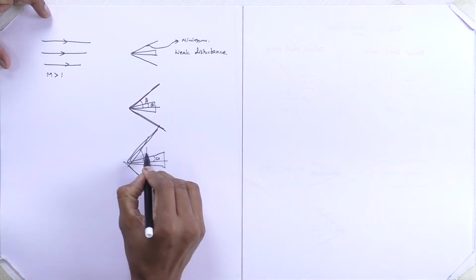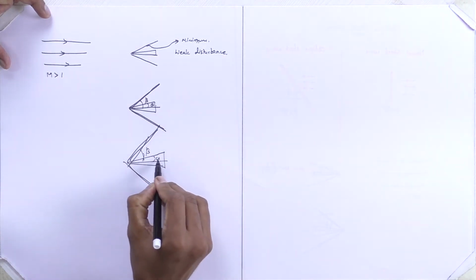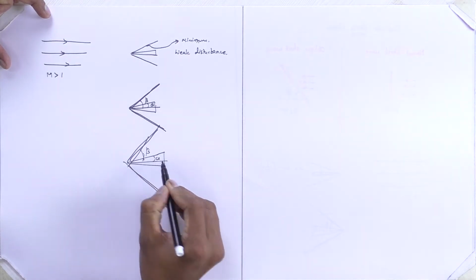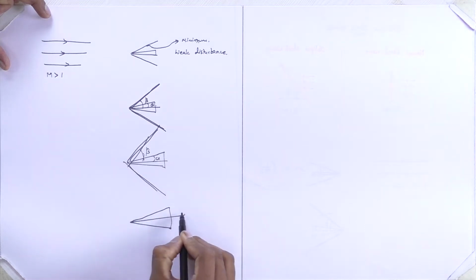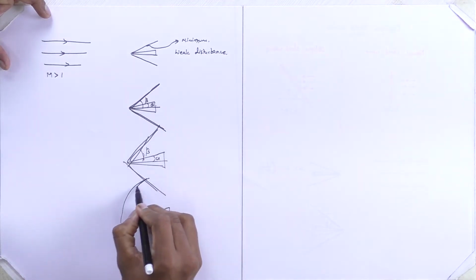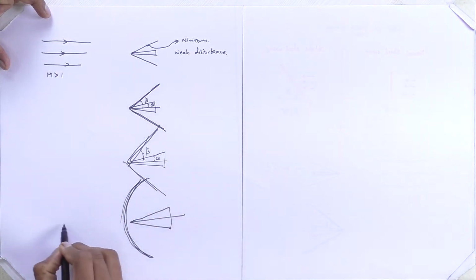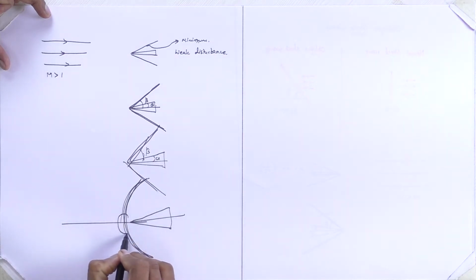For this also we will have a certain beta value. If we increase the theta value further, after a particular theta value, this wave will become a detached shock wave. Here we can treat the wave as a normal shock wave. This is almost perpendicular to the upstream flow.